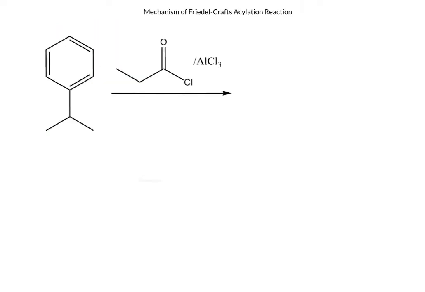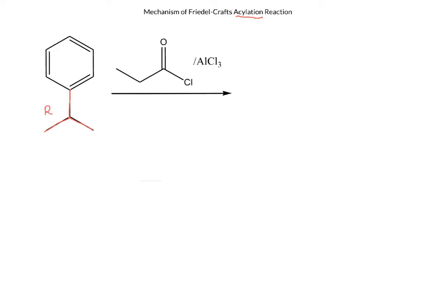Let's take a look at another variant of Friedel-Crafts reaction, acylation, where the electrophile is acyl chloride. Now this ring, benzene ring, is substituted. It already has the isopropyl group on. Isopropyl is an alkyl chain.